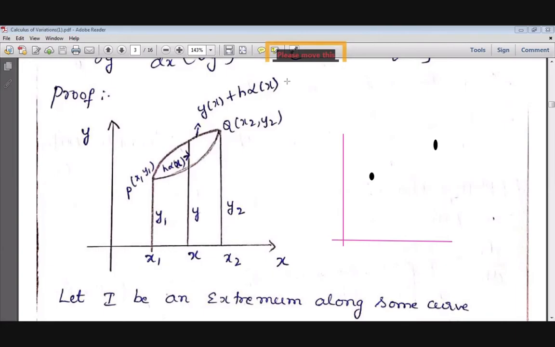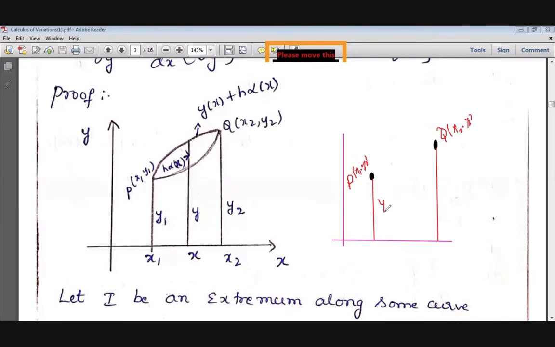Then this is the length of this point from the x-axis. Okay. This point is P of x1 comma y1. Then this point is Q of x2 comma y2.